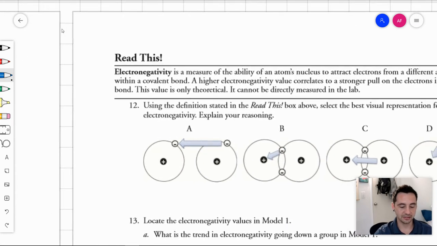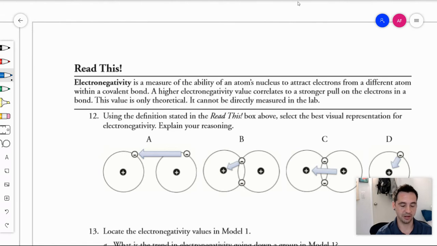Okay, and then the last one we're going to talk about is electronegativity. Electronegativity is a little bit harder to understand. However, electronegativity is just really the pull that an atom has on an electron of a different atom.